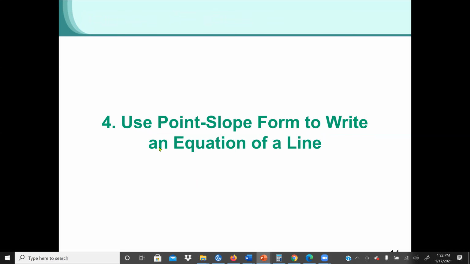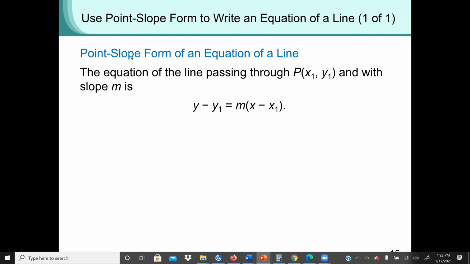Now, how do we use point-slope form to write an equation of a line? A point-slope form of an equation of a line will look something like y minus y1 equals m times x minus x1. This formula was derived from the slope.